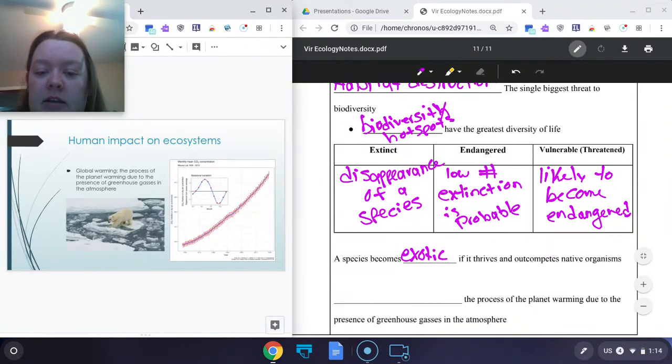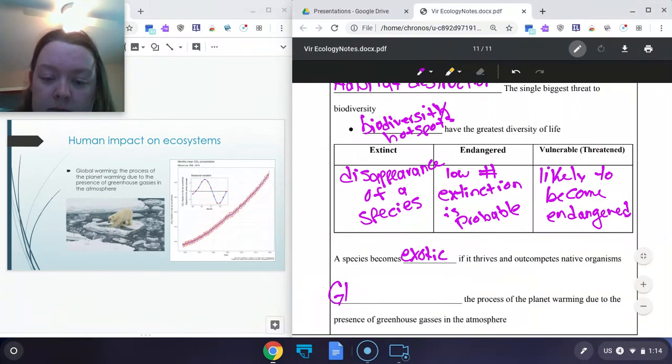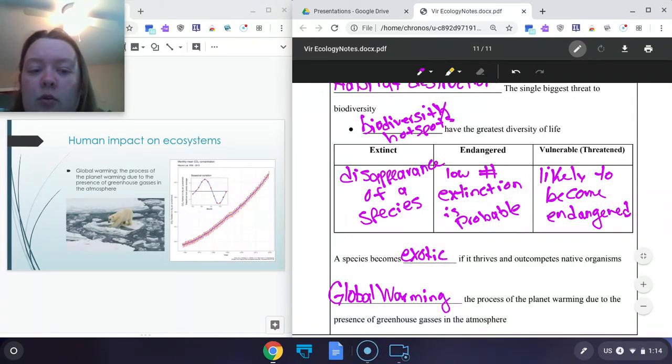And the last impact that humans can have on their environment that we're going to talk about is global warming. Global warming is the process of the overall temperature on the whole planet warming due to greenhouse gases being trapped in the atmosphere.